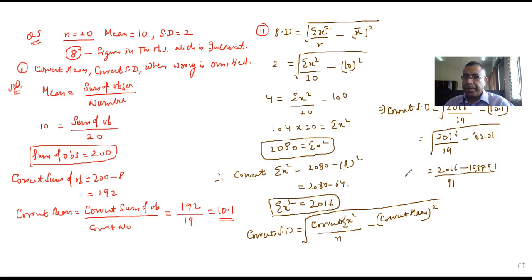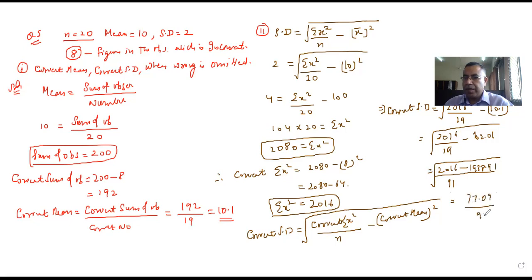So correct mean and correct standard deviation are with me. This is over 19, so this is the final answer. 2016 minus 1938.19. Sir, it will be plus now? Why minus?